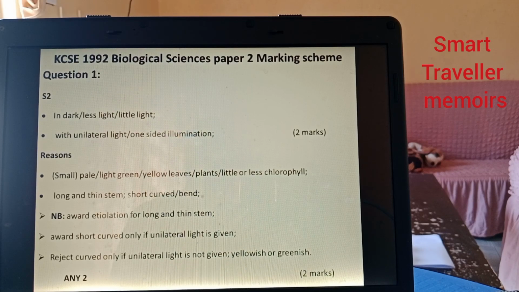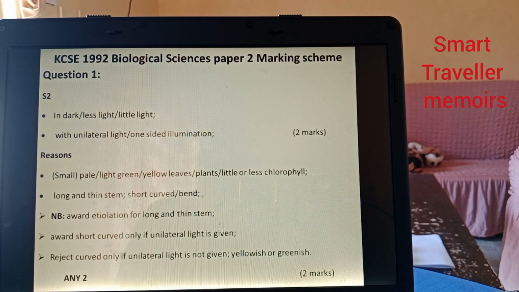S2 was grown in the dark, or in less light, or in little light, with unilateral light or one-sided illumination, 2 marks.